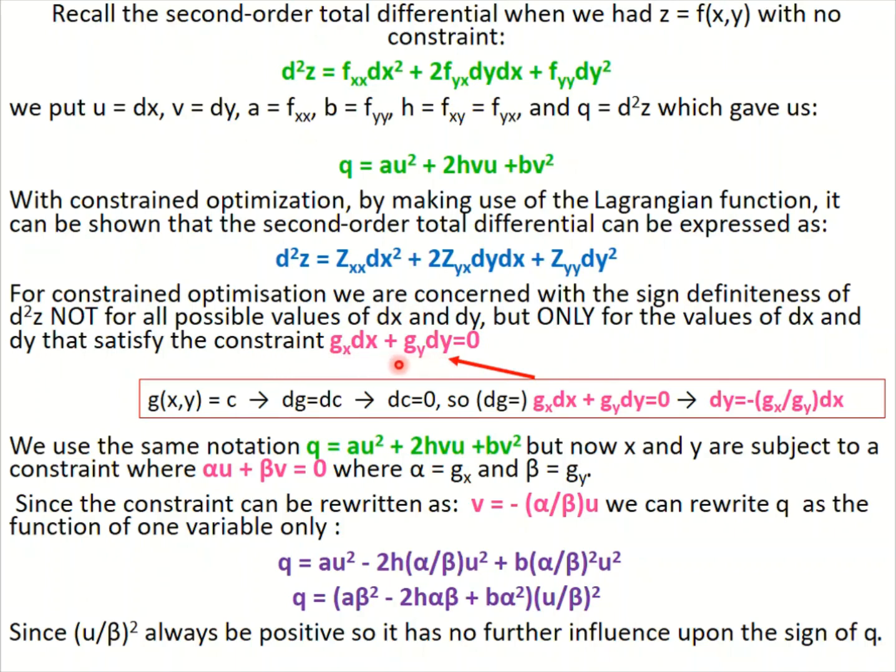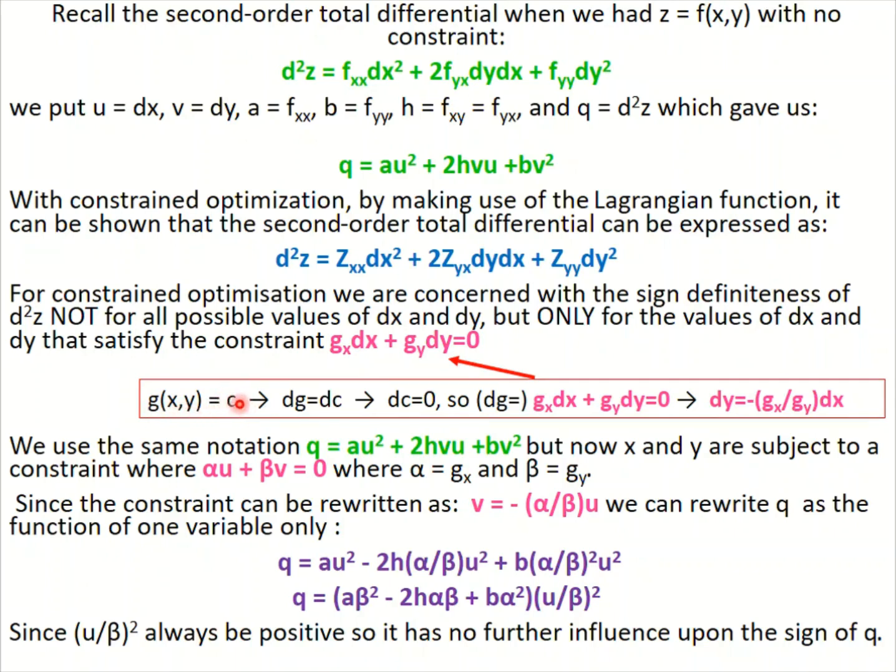Okay, so let's think a bit about the constraint as it's set out here. gx times dx plus gy times dy equals 0. If we think of the constraint in its original form, we will have g as a function of x and y equal to c.